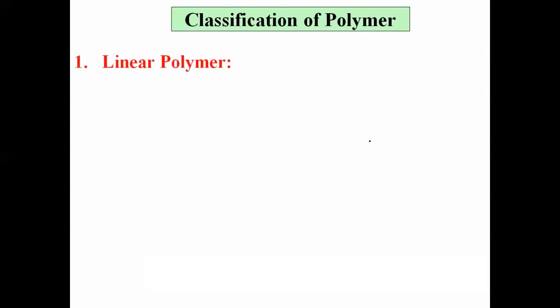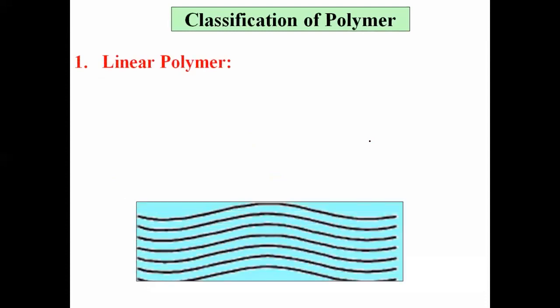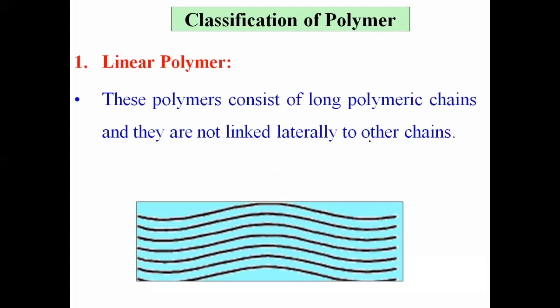First, about the linear polymer. Okay, this is the picture of linear polymer. Actually, that polymer consists of long polymeric chain, and they are not linked laterally to other chain. Means suppose this is the first polymeric chain, then this is the second polymeric chain, and that different polymeric chains, they are not linked with one another.